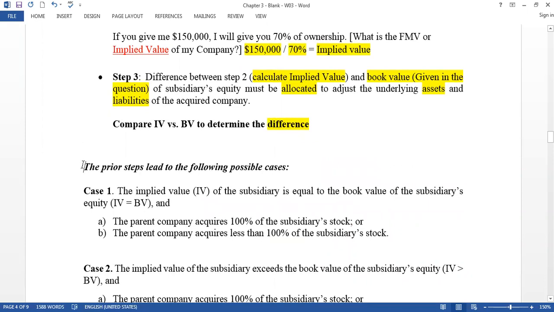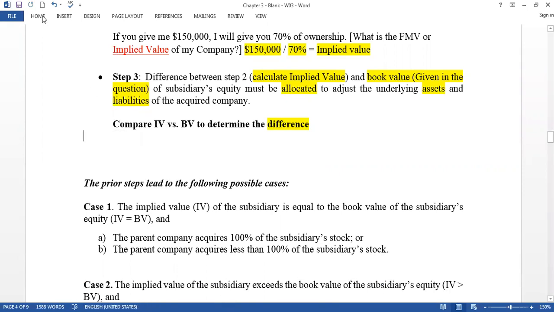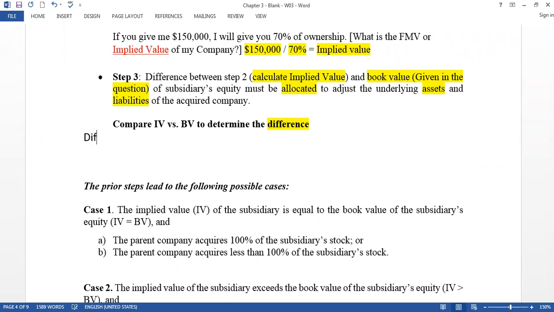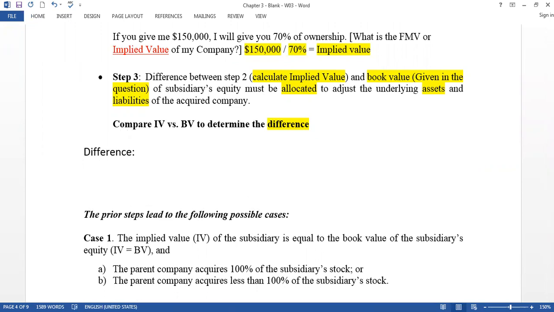Now, if we want to know the difference, we may have three cases.